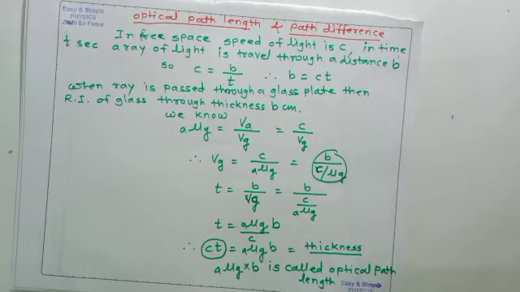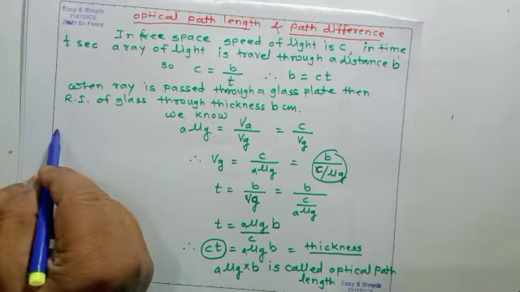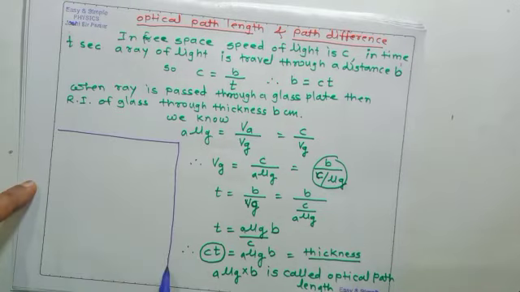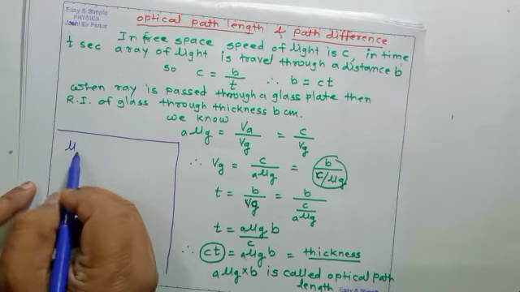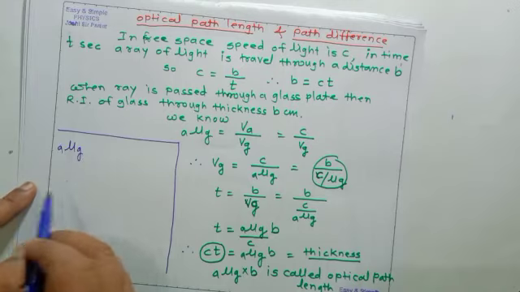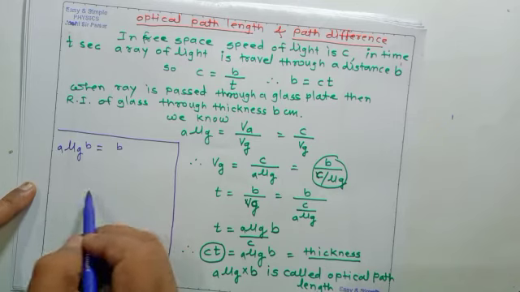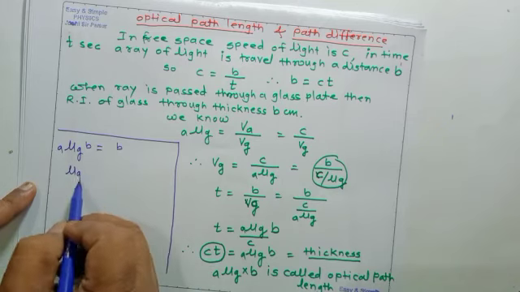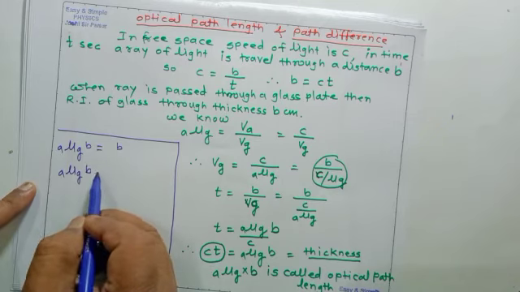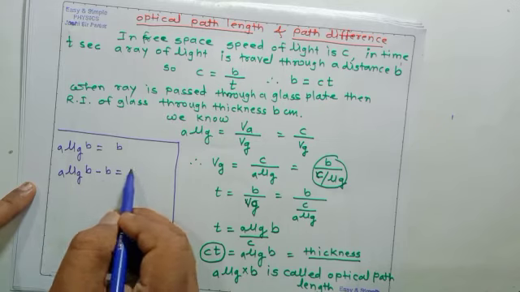In air, the thickness is b, so mu for glass with respect to air into b minus b is the difference.